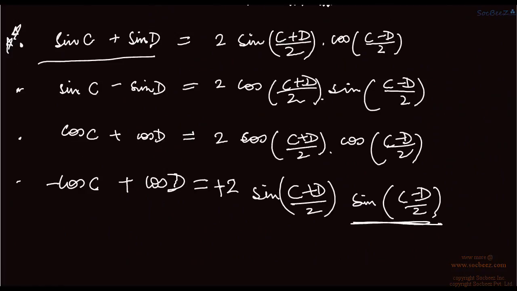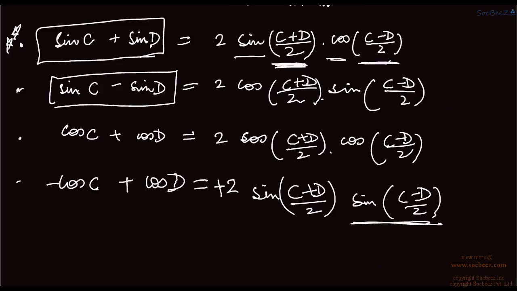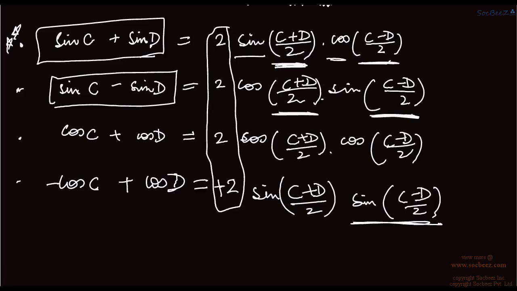Fine. Now, if sines are added, then you get sin with the added term C plus D and cos with the negative term C minus D. If sines are subtracted, then you get sin with the subtracted term and cos with the added term. The factor 2 is common in all four.